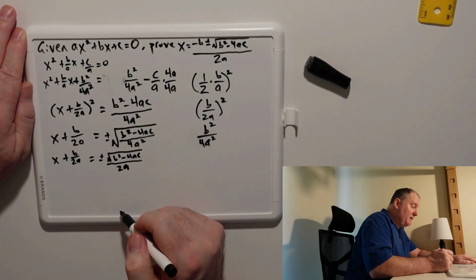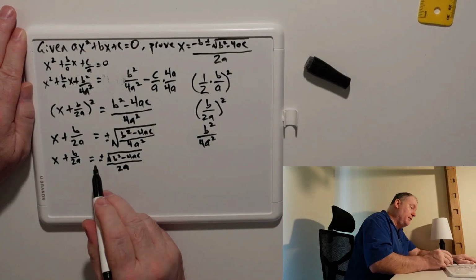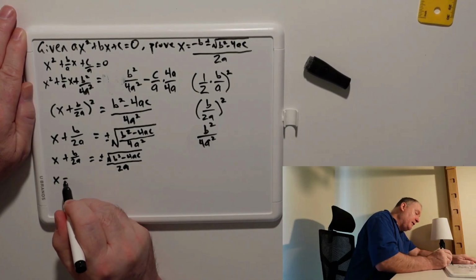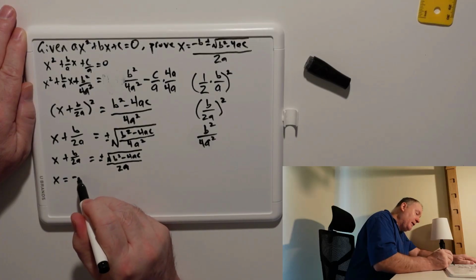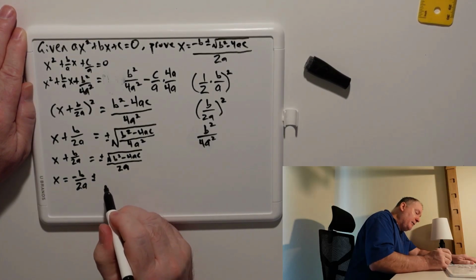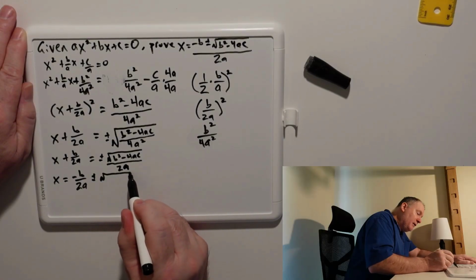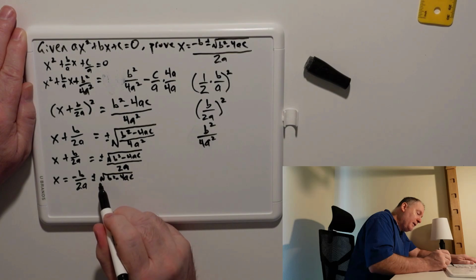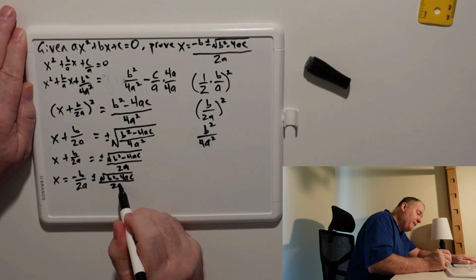Okay, then we can move this b over 2a to the other side by changing its sign. So x is equal to negative b over 2a plus or minus the square root of b squared minus 4ac all over 2a.